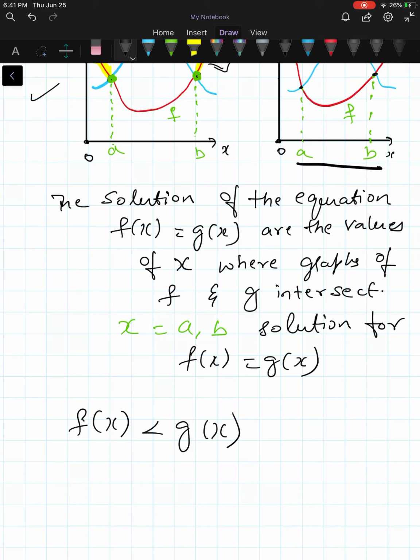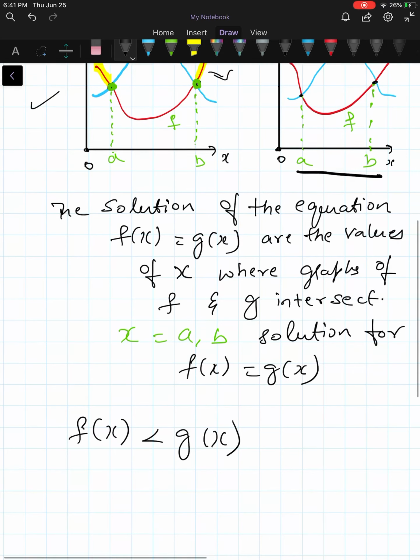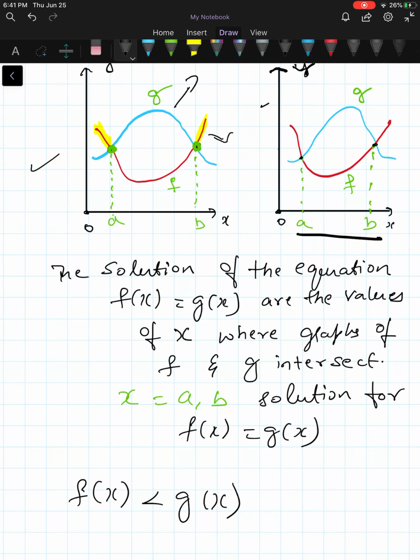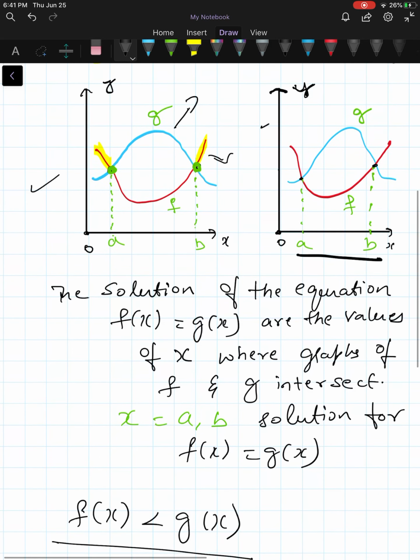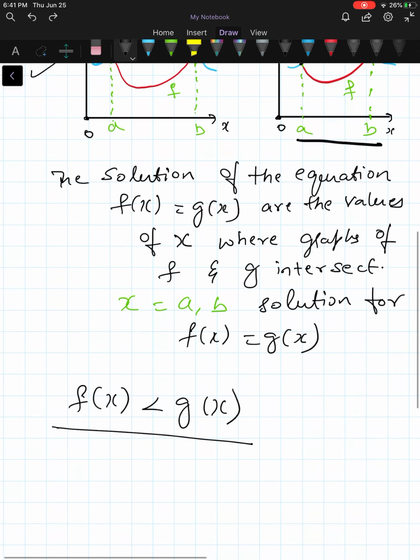So graphically you can solve an inequality or an equation by the method that I taught you now. If you have to find all the values of x that satisfy f of x less than g of x, look at the graph and find out where exactly g is taking higher values than f, and find their corresponding x values. That would be the solution for f of x less than g of x.